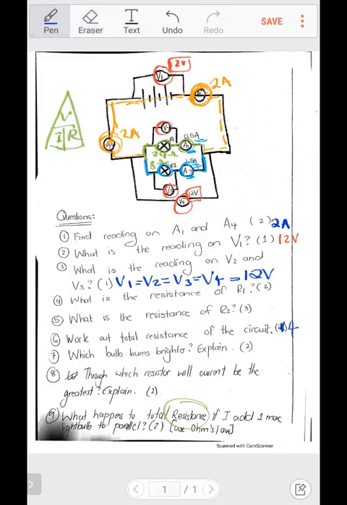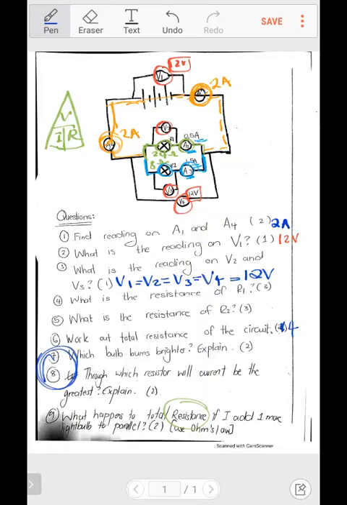Okay, number 8. Through which resistor will current be the greatest? I think 7 and 8 have the same answers here. What happens to total resistance if I add 1 more light bulb in parallel? So remember what I said, guys. I said that the more resistors you add in parallel, the smaller total resistance becomes.